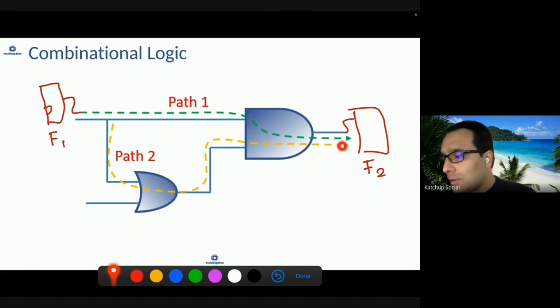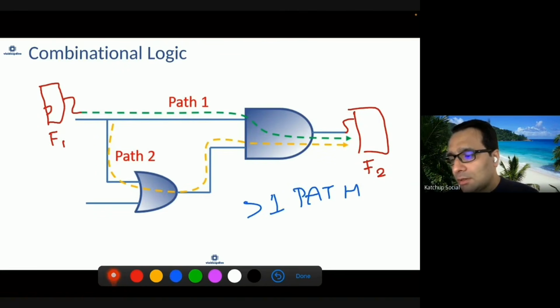So between a pair of sequential elements, there can be more than one path. As we are seeing here, there are two paths here. Now, because of this, different paths can have different delays. Maybe this is going through just one combinational logic, so delay is lesser here maybe. And this is going through two combinational logic, maybe delay is more here.